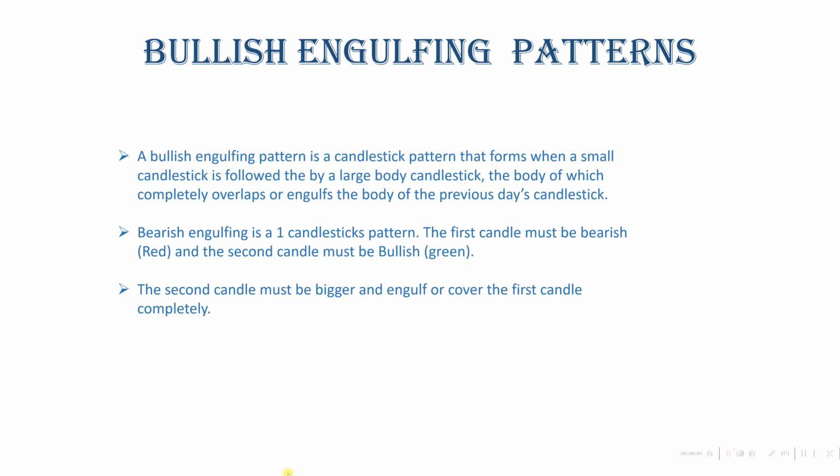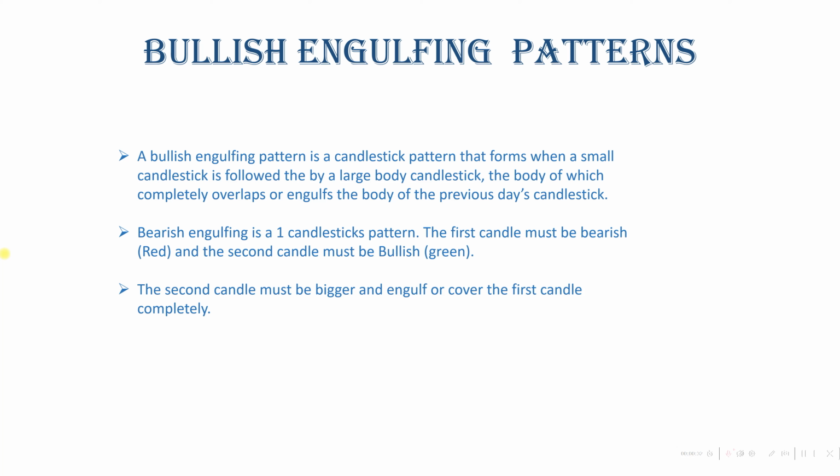In engulfing patterns, we have two types. First is the bullish engulfing pattern and second is the bearish engulfing pattern. A bullish engulfing pattern is a candlestick pattern that forms when a small candlestick is followed by a large body candlestick, the body of which completely engulfs the body of the previous day's candlestick. Here the previous candle should be red in color and the next candle should be green in color.